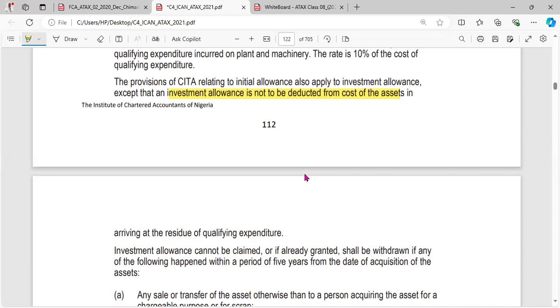And your annual allowance is also deducted for the first year. When you go to the second year, you deduct again until the useful life is done. But investment allowance is calculated at 10% on cost and it's not used to deduct from the asset. So even though initial allowance happens to be the first allowance calculated, whenever an asset has an investment allowance, we usually calculate that first and we'll now go to initial allowance, then we'll go to annual allowance.